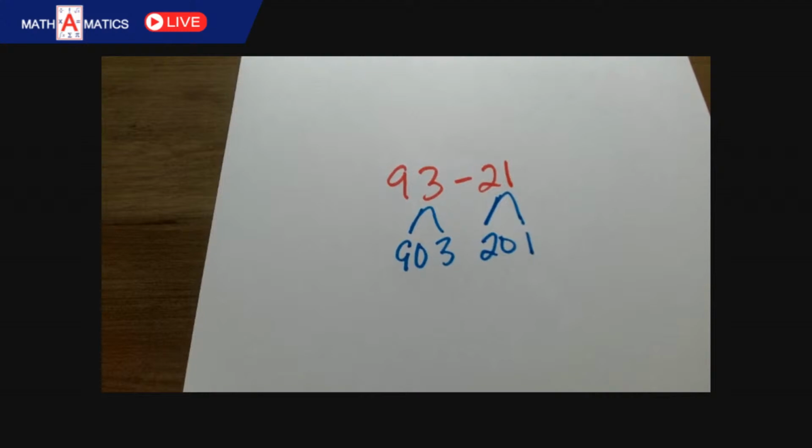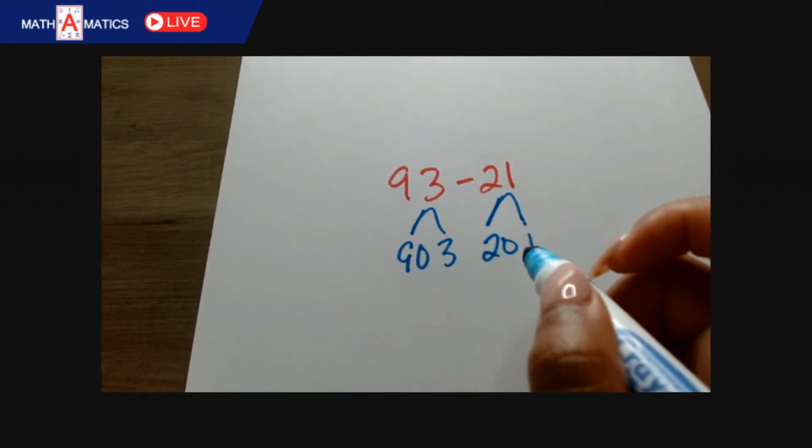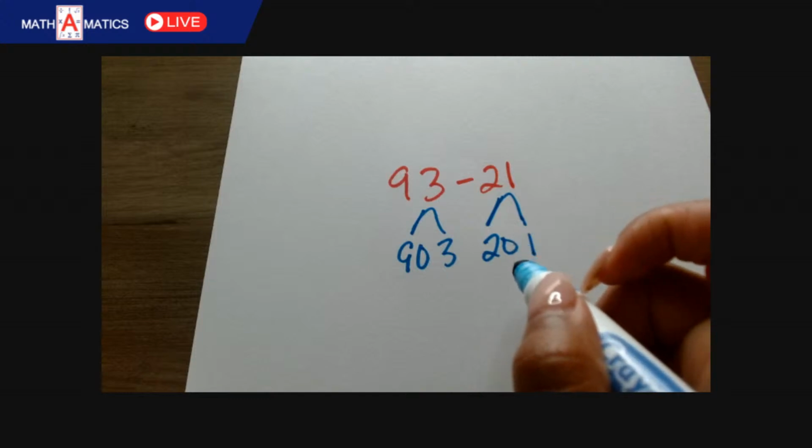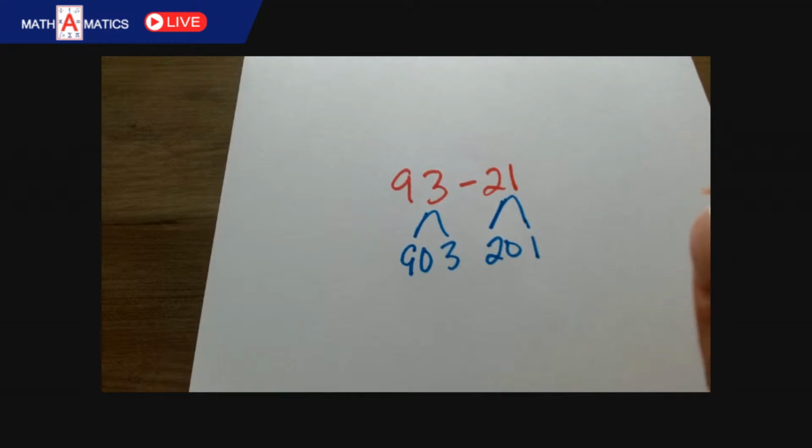And so what we can do, we're adding backwards instead of subtracting to get to our numbers. And that's what you do with this break apart method when you want to do addition to get to subtraction.